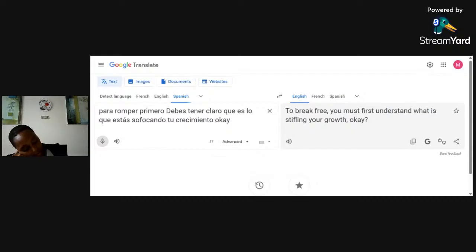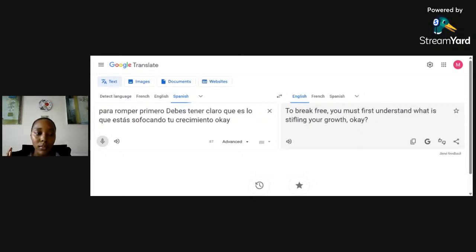Primero debes tener claro, so you must, ¿qué es lo que está sofocando tu crecimiento? So, in order to break this pattern or whatever, first you have to have clarity on what is, or be clear about what is sofocando. I'm going to guess it is suffocating. I don't know. We're going to see. But what is suffocating your growth or what is stopping your growth?